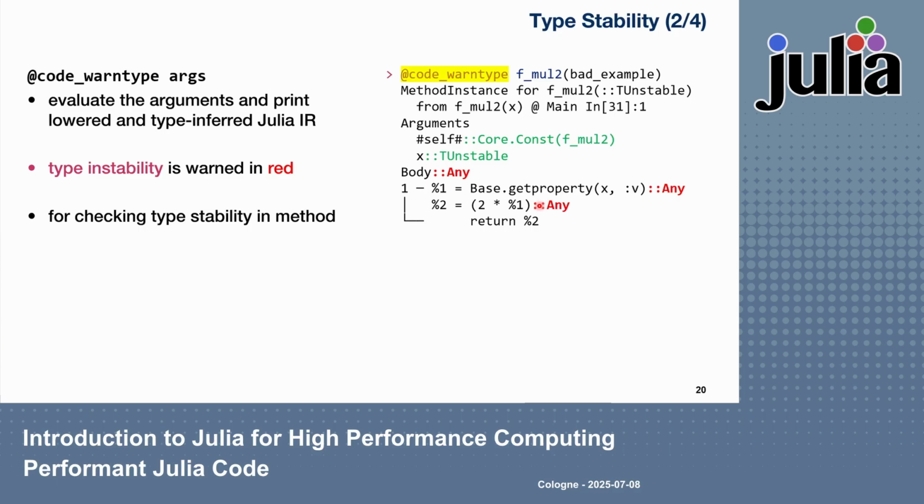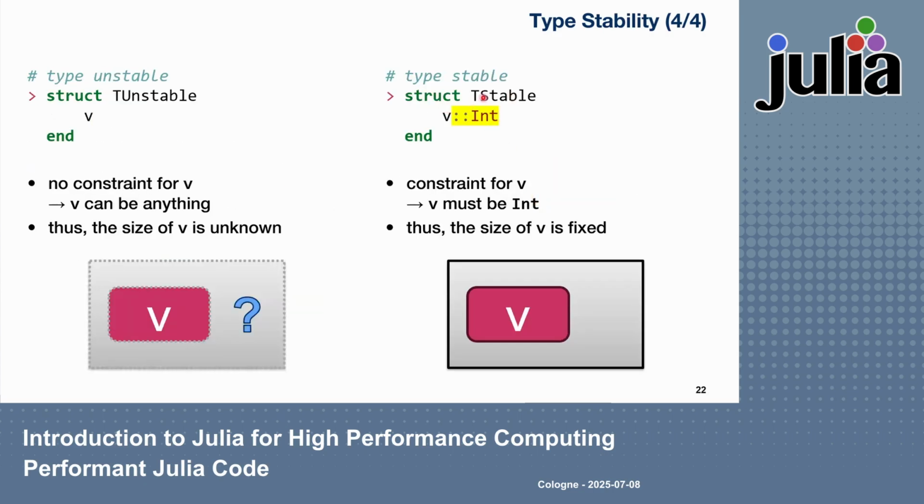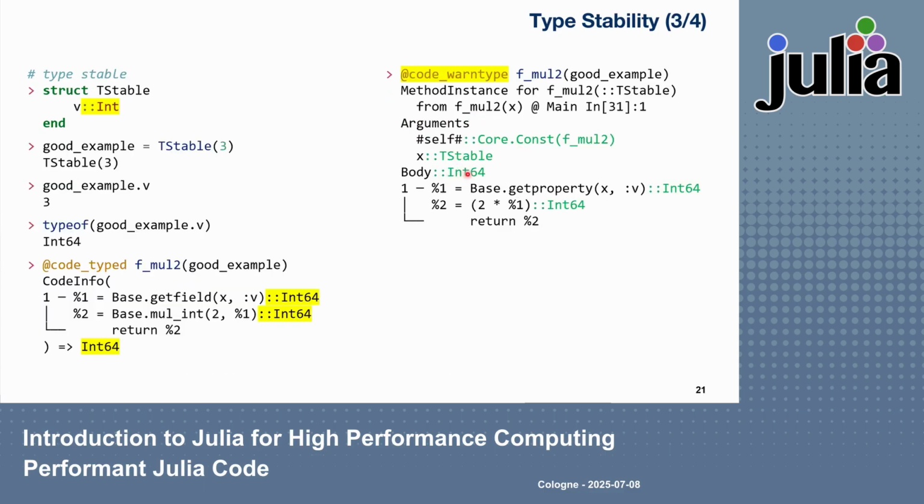In terms of performance, you need to specify this field in this structure to be integer or floating point number 64 or whatever, so that the Julia compiler can identify and assign the correct type to generate the most performant code.